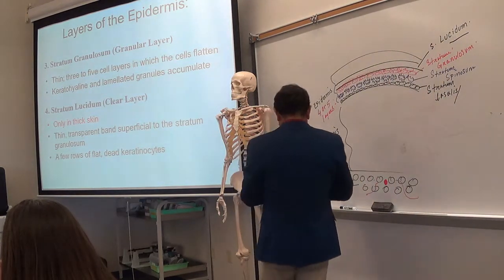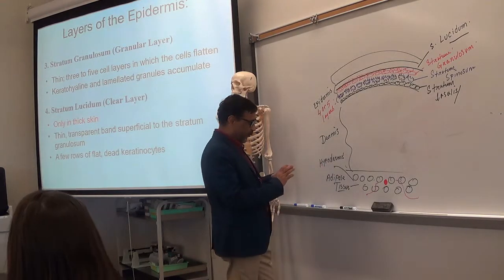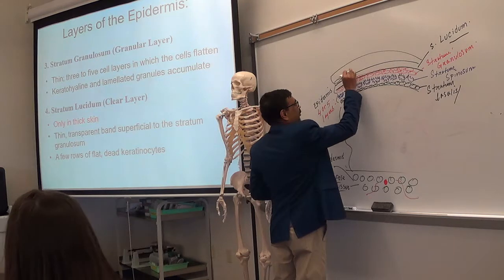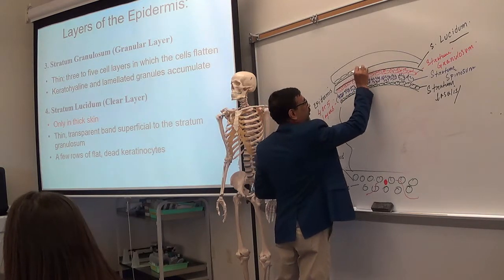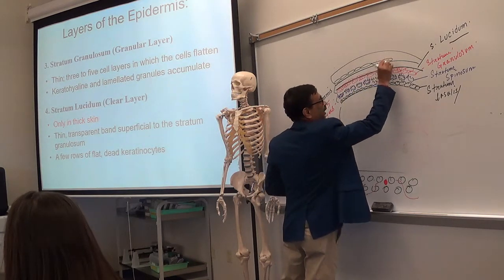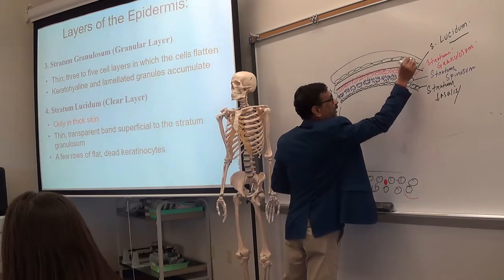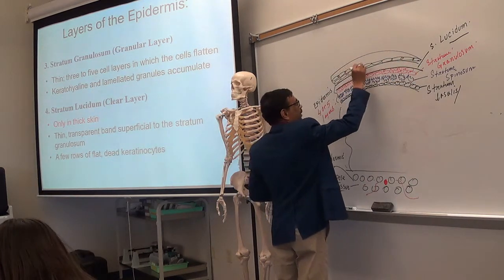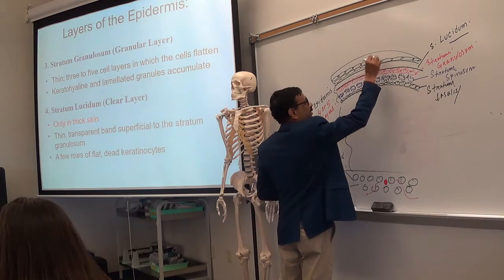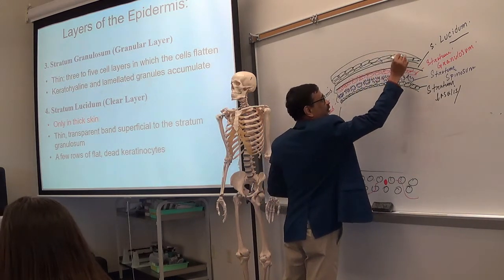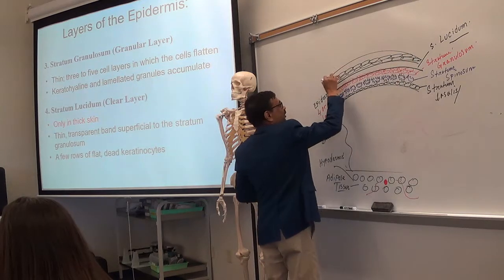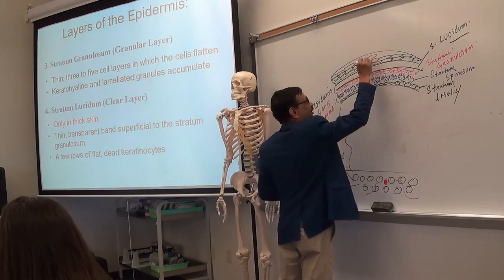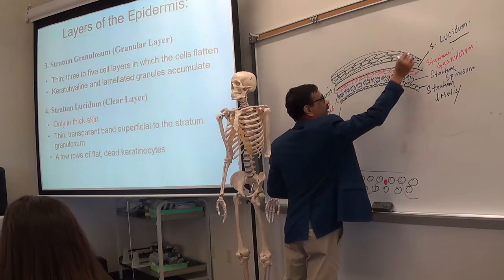Then the outermost layer of the epidermis is stratum corneum. It is a layer of many layers of flat cells. Anybody remember flat cells are called what? Squamous, right? So many layers of flat cells is called stratified squamous. Very good.